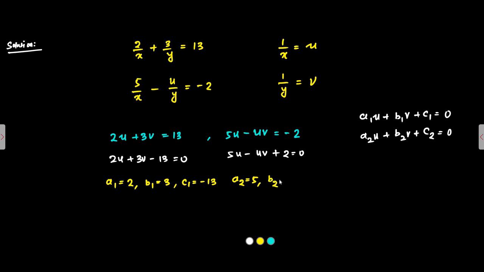Similarly, a2 is equal to 5, b2 is equal to -4, c2 is equal to 2.